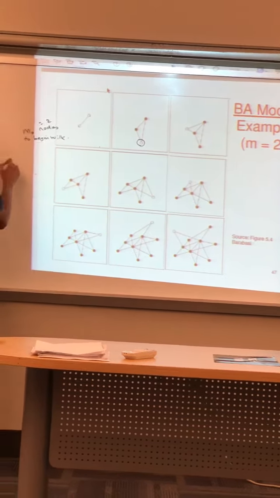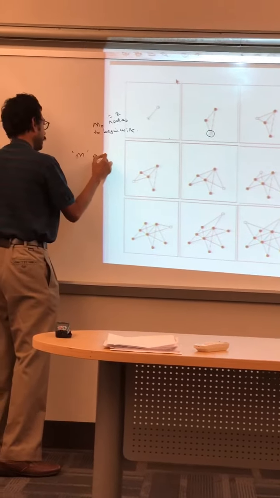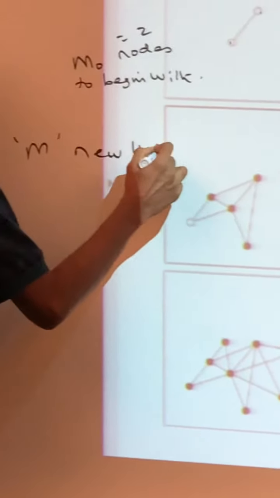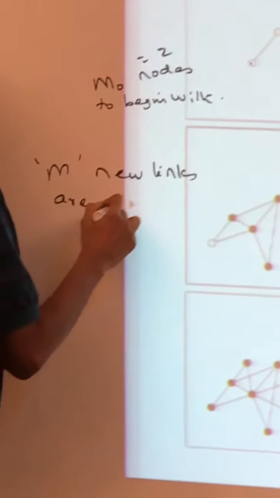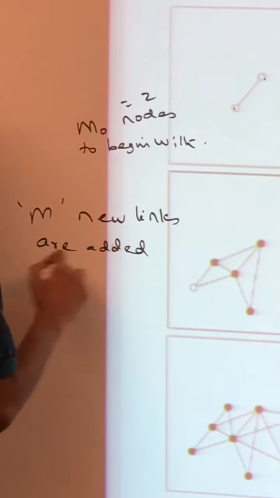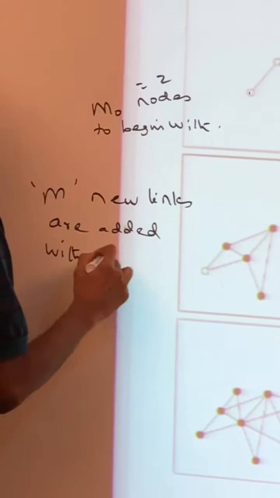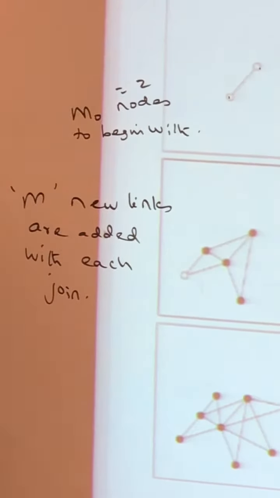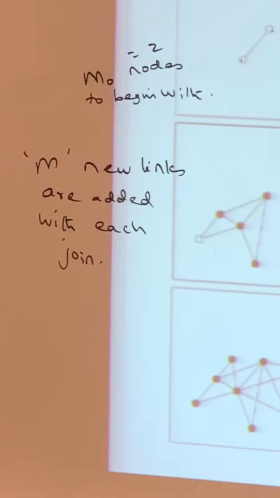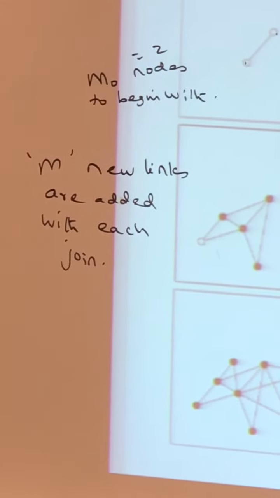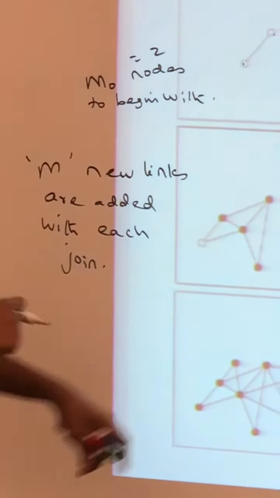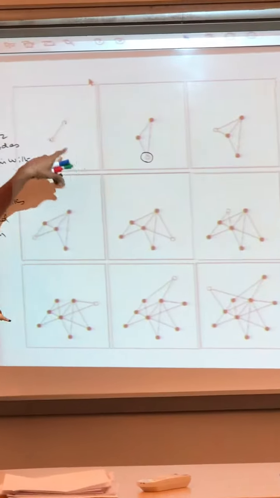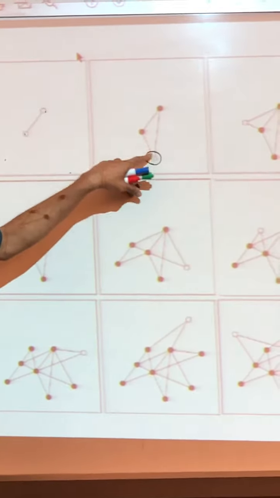So we say m new links are added with each join. With each joining event, m new links are added, so the new node is attached to m existing nodes. Okay. So m is also 2 here, so the new node gets an edge to each of the existing nodes.